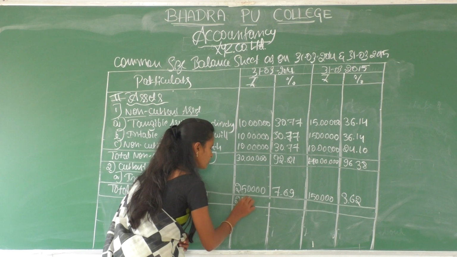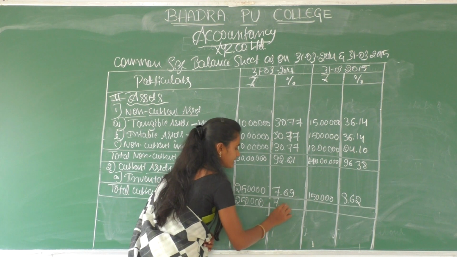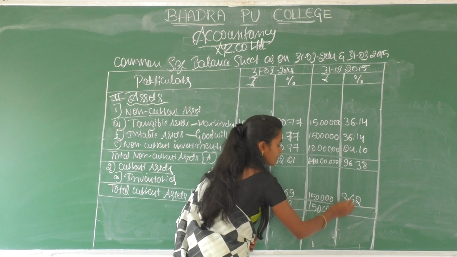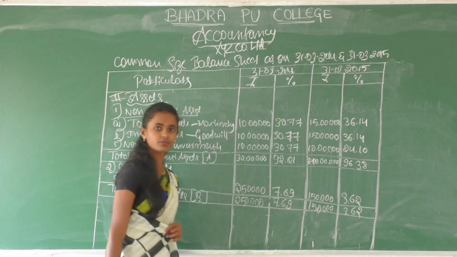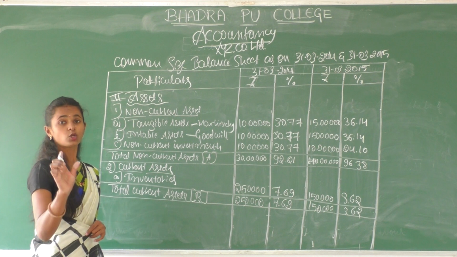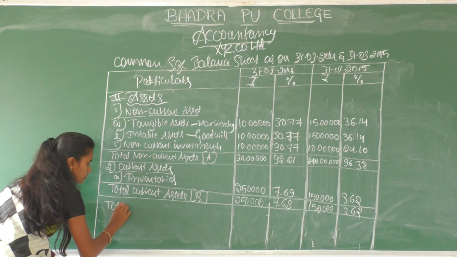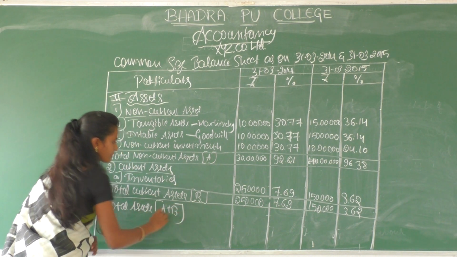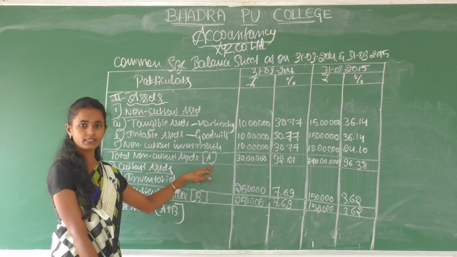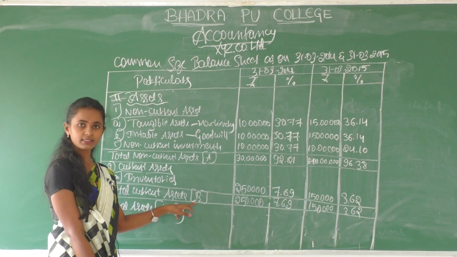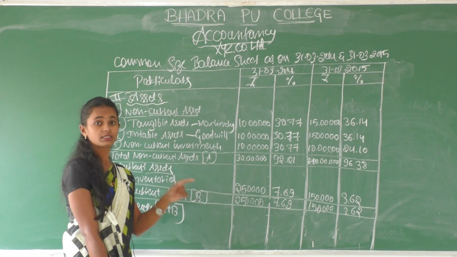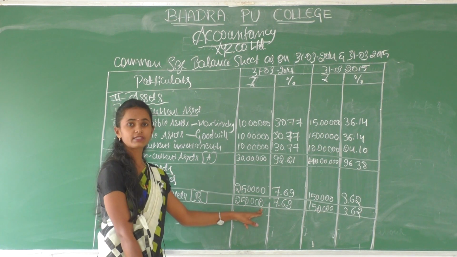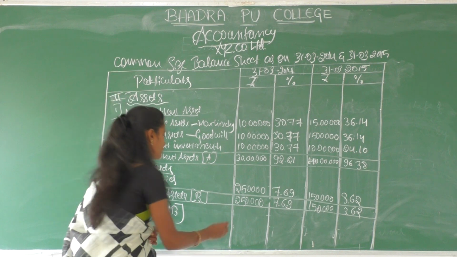So I am taking here 2,50,000 and 7.69%, and here 1,50,000 and 3.62%. Finally we will get our total assets, which is A plus B. A is total non-current assets and B is total current assets. If we add these two items, we will get our total assets. Again 30 lakh plus 2,50,000, it's 32,50,000.